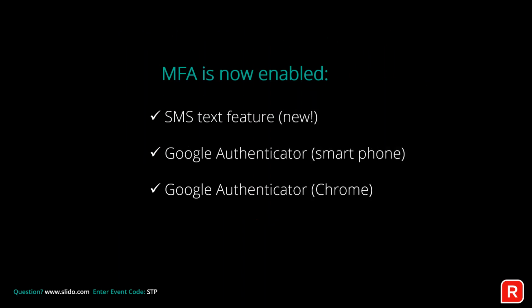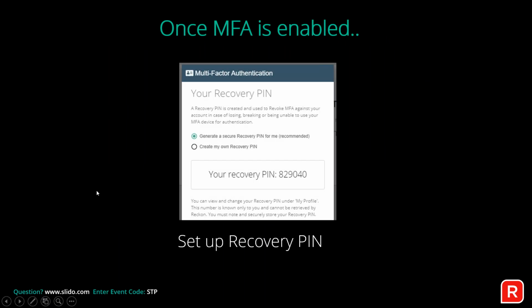So with MFA enabled, we can now progress on to the next stage. First-time users will be asked to create a recovery pin. This will be an important part of the security process in the event that you need to uninstall your authenticator and reinstall. So take note of the number. You can either let the system generate one for you, or you can opt to create your own.